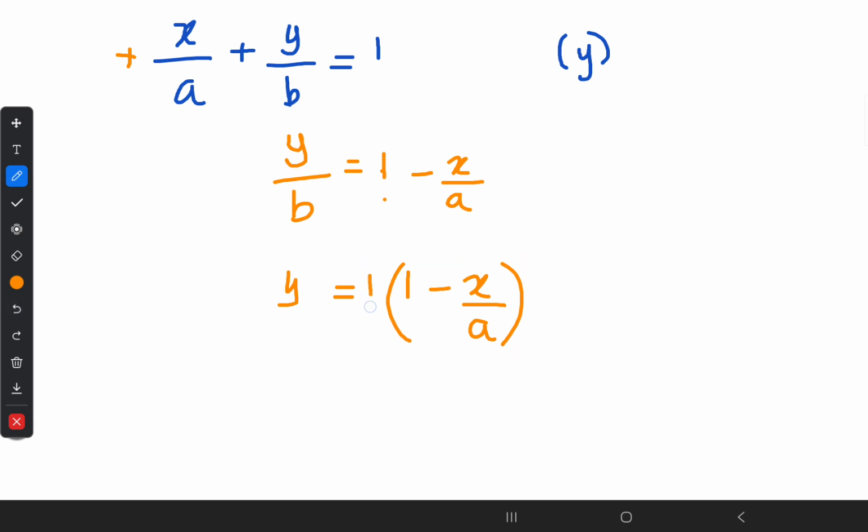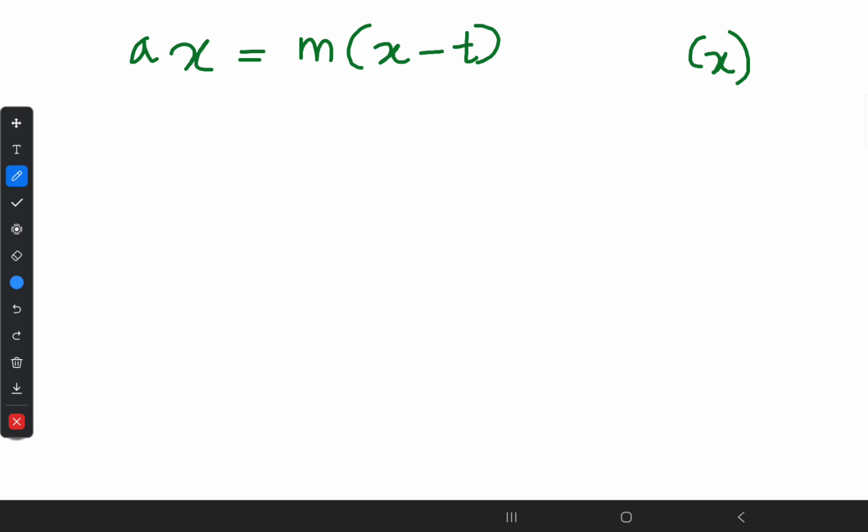You can write b here or here, no problem with that. But you need to definitely indicate 1 minus x upon a inside a bracket, because this equals the whole value. Both 1 and minus x upon a should be multiplied with b.